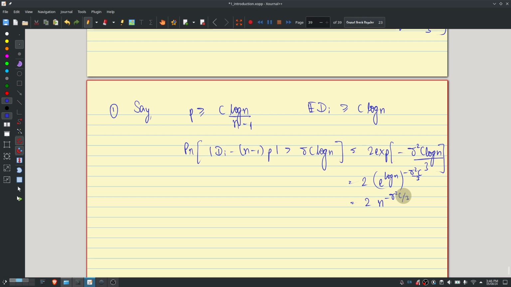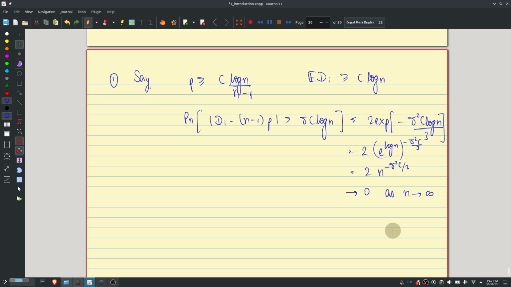If delta is some constant which is independent of n, then this decay is polynomial. Is it clear? Okay, great.